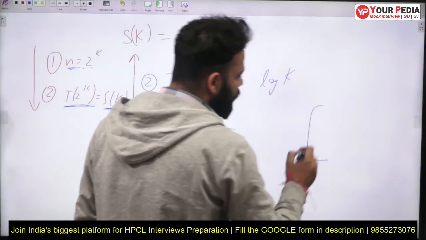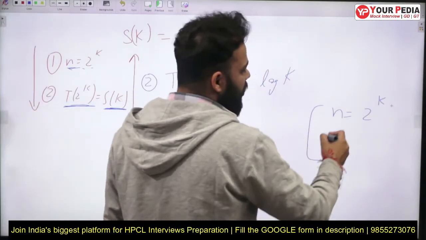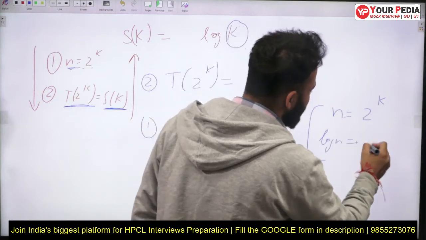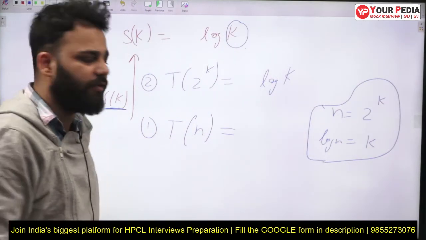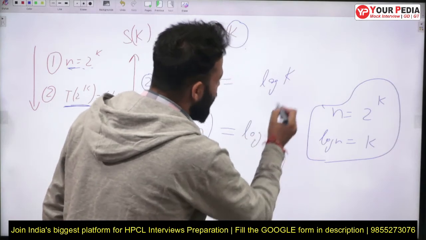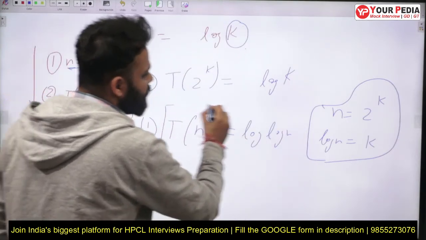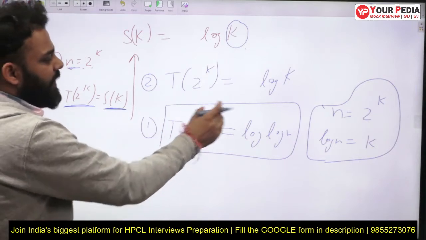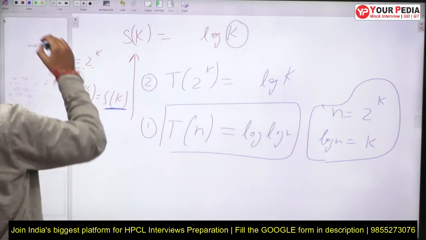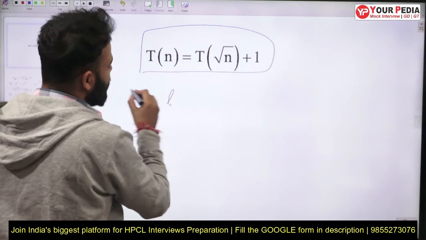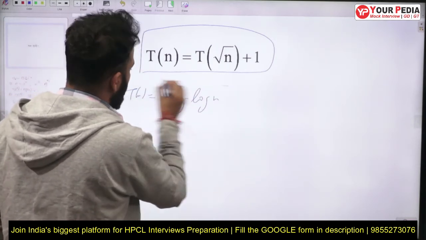So if you do a little math, n is equal to 2 raised to power k, taking log on both sides, you can say that log n will be equal to k. So if you find a k somewhere, put log n in place of it. So in place of k you will put log n. So the answer to the substitution will be T of n is equal to log n. So this will be the answer to our recurrence relation. T of n, the simplified answer, will be log n.